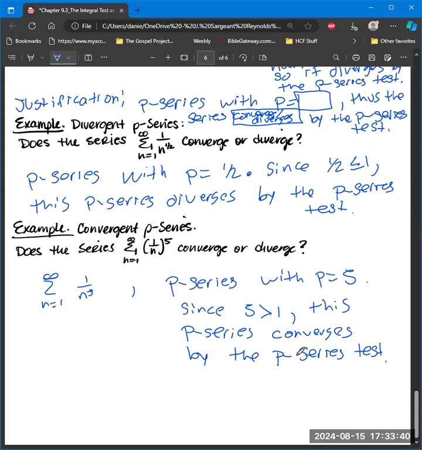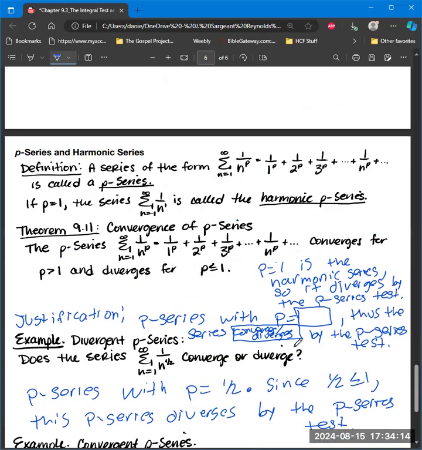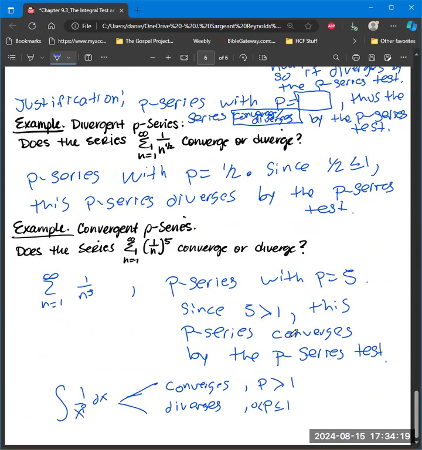I mentioned in chapter 8 that there was an integral of 1 over x to the P dx, and we said that we knew that this converged when P is greater than 1, and it diverges when P is less than or equal to 1. Those are the conditions for that.